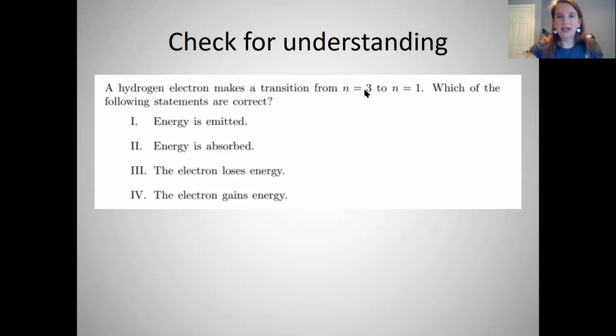So if you're going from n equals 3 to n equals 1, the electron has to lose energy to go back closer to the nucleus. So we know that number 3 is true: the electron has to lose energy. The reason why it loses energy is because of number 1: energy is emitted, it's given off. So 1 and 3 are true.